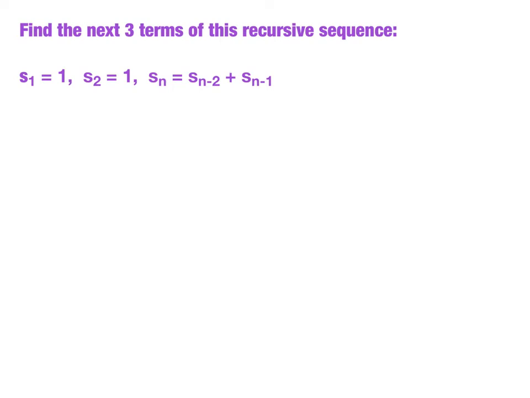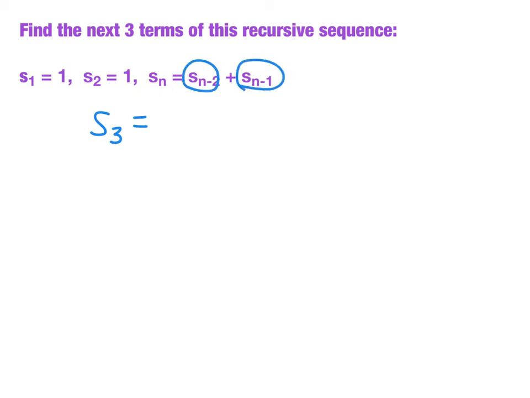Taking a look at this example, let's find the next 3 terms of this recursive sequence. So I'm given the first 2 terms here, actually it starts with 1 and then 1. This is how you find the next 2 terms. So how I would start this is, now I want s of 3. That means that I add the first 2 terms that come before it.